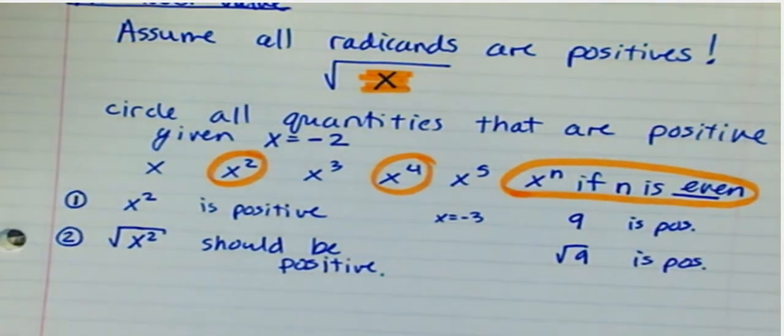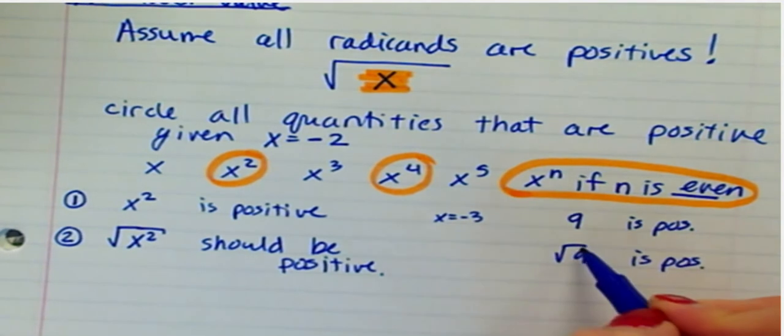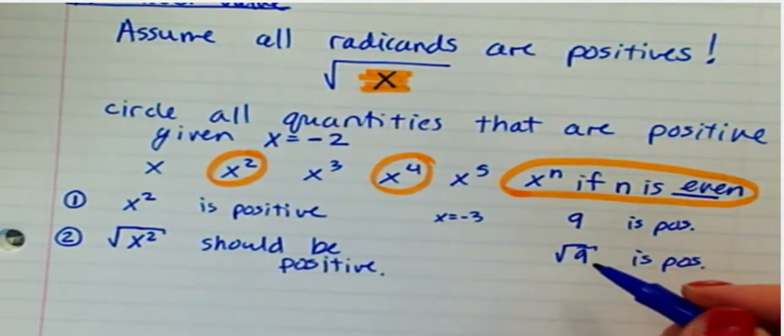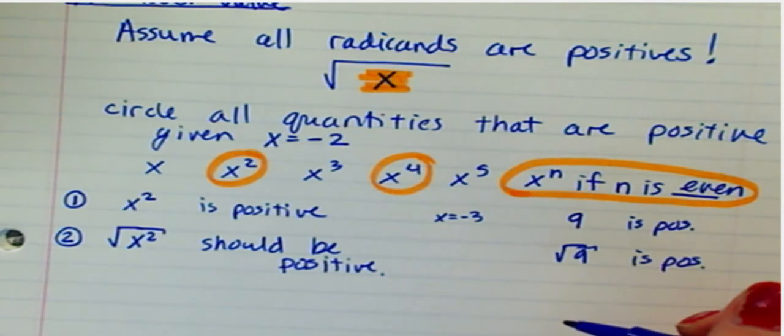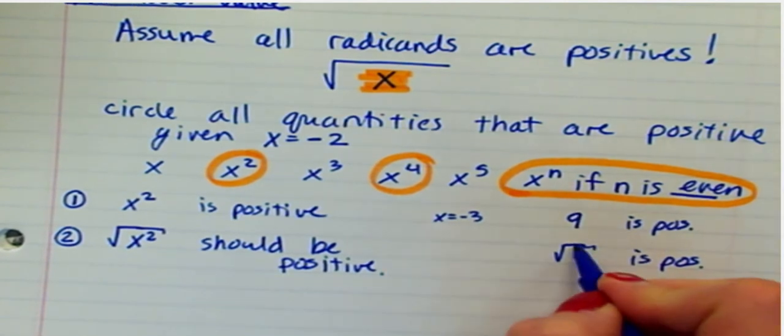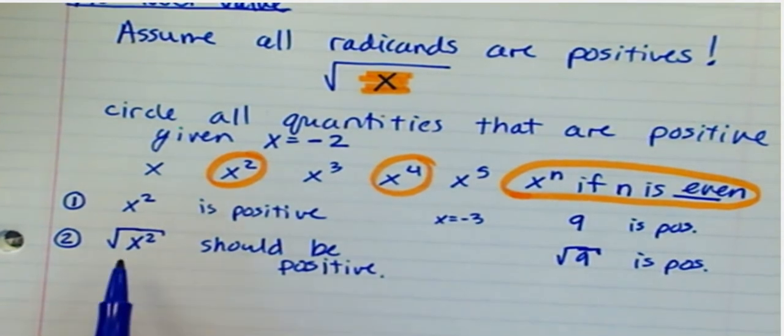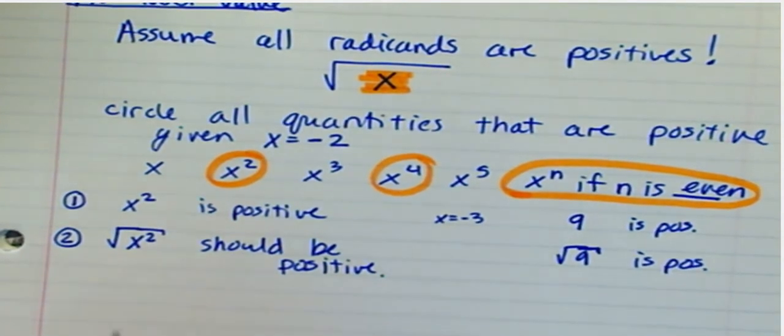Okay, I like that you said not necessarily. However, we're not solving. All we're doing is evaluating. When you evaluate, you do not write plus or minus anywhere. Okay? So is the square root of 9 positive? Yeah, it's 3. Okay? So the square root of x squared should be positive.